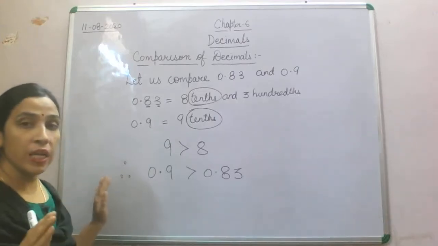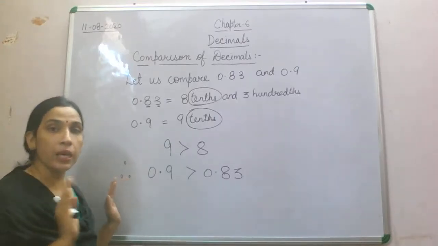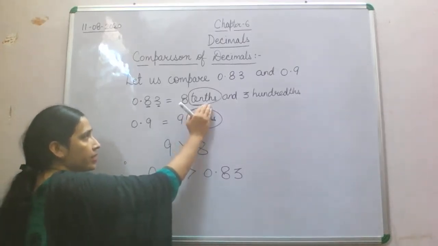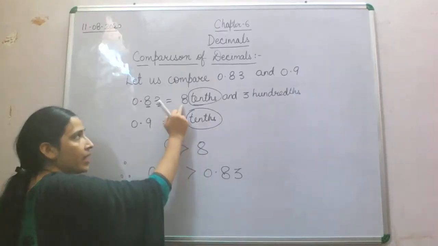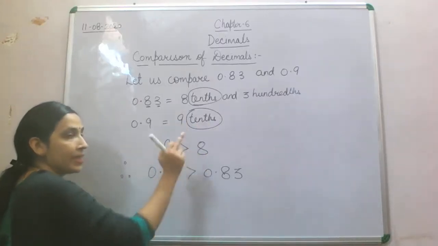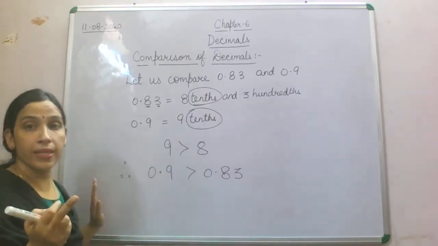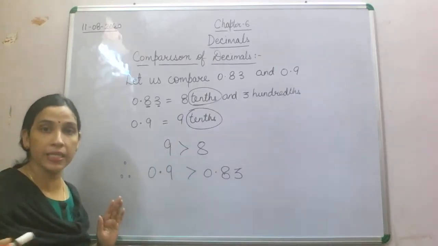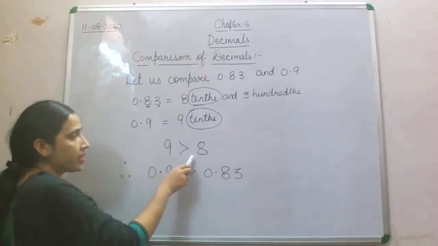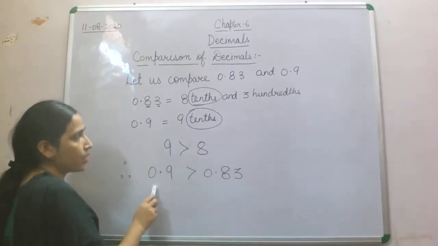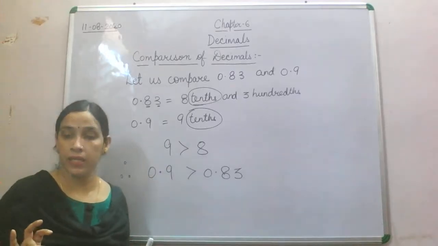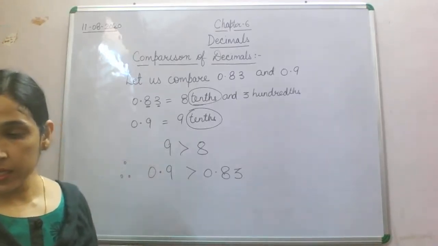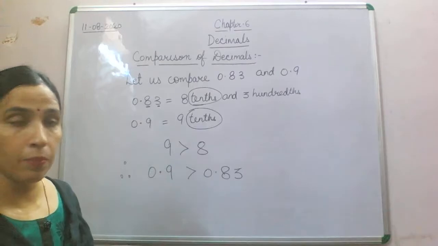So the place value which is common in both the numbers is tenths. So we are going to compare this 9 and 8. Is 9 tenths greater or 8 tenths greater? 9 tenths is greater, so 9 is greater than 8. So we'll write it: therefore 0.9 is greater than 0.83.